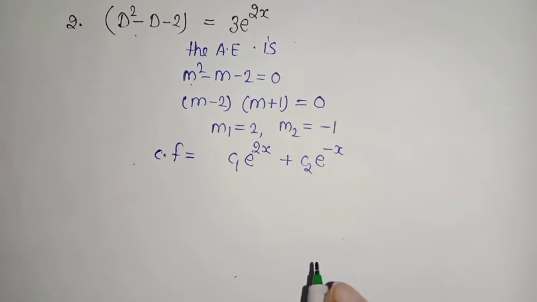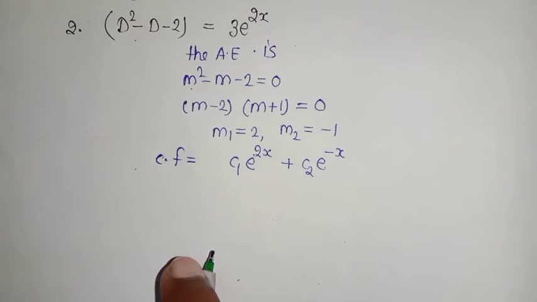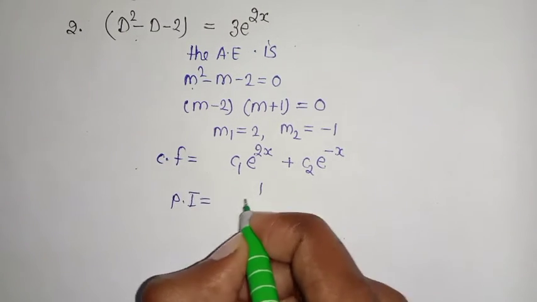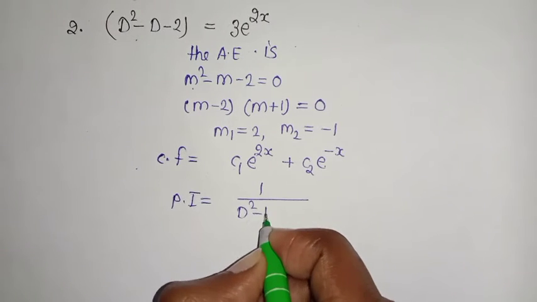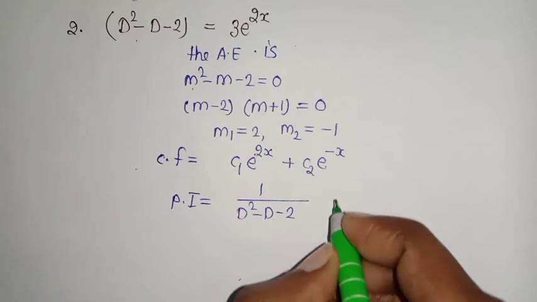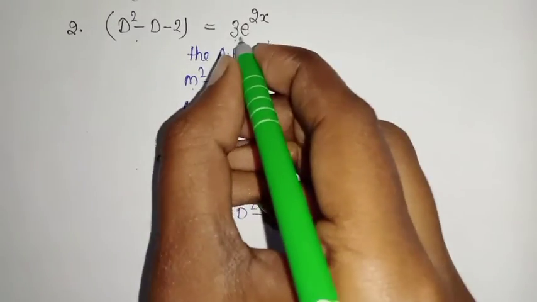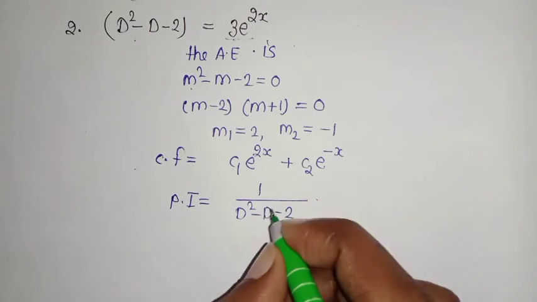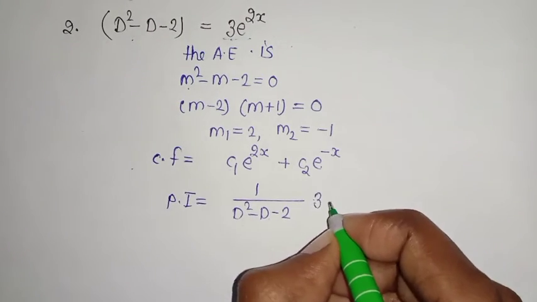Now I am going to find the PI for this differential equation. So PI is equal to 1 by d square minus d minus 2. We will take the function of d in the denominator, and then we apply this function over this function, 3 e raised to power 2x.